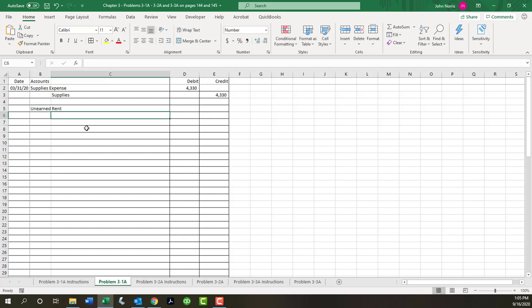That's going to reduce that liability, and then rent revenue. So this is a deferred revenue. We received the cash back on the 1st of March, and so the amount is going to be $5,000 divided by the 4 months rent that it represents.